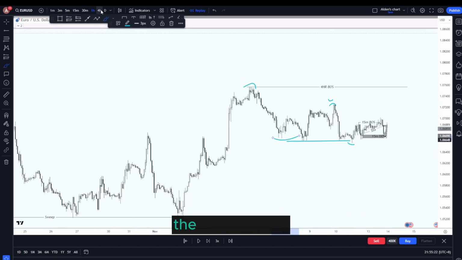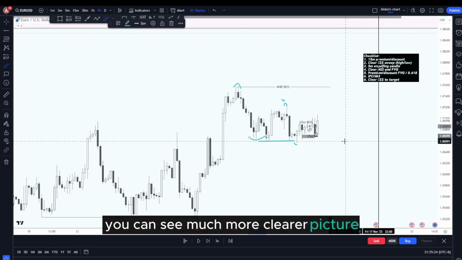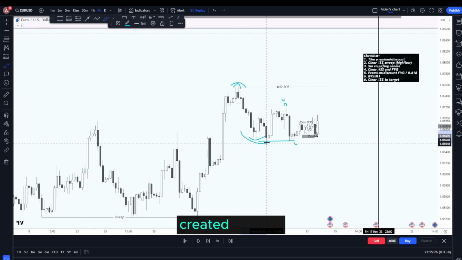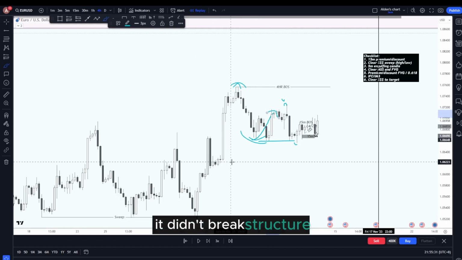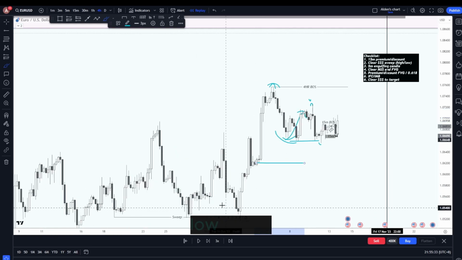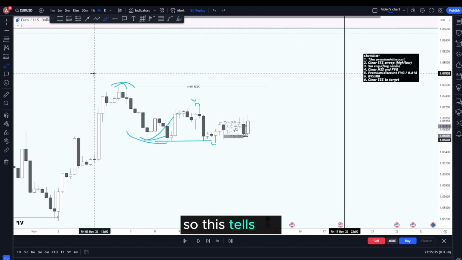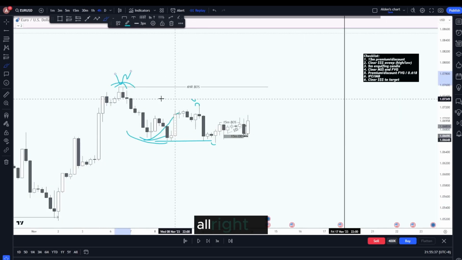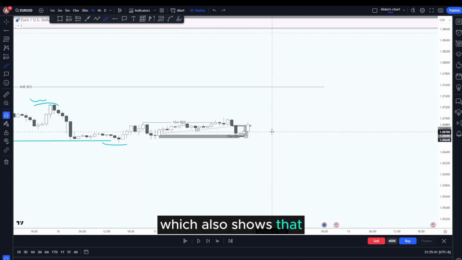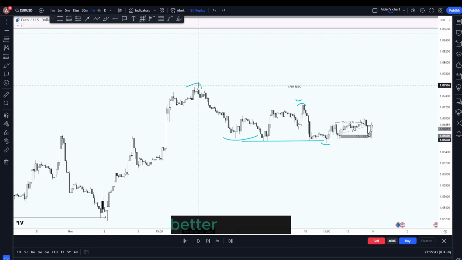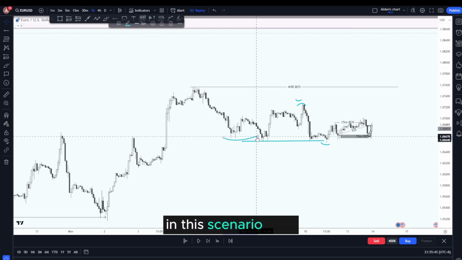Maybe on the 4-hour chart, you can see a much clearer picture. This high created this low and then started reversing over here, which didn't break structure, it didn't break this demand, it didn't break this low, nothing. So this tells me that this is weak. On the low time frames, this is also weak, which shows that maybe longs are better here in this scenario.